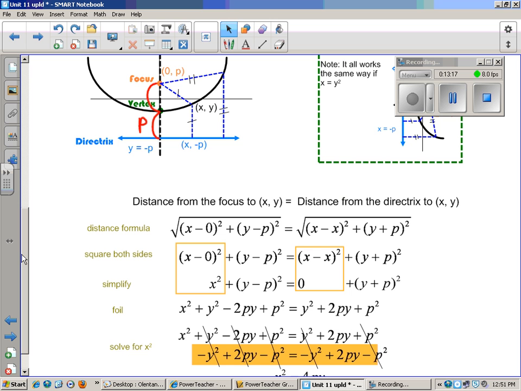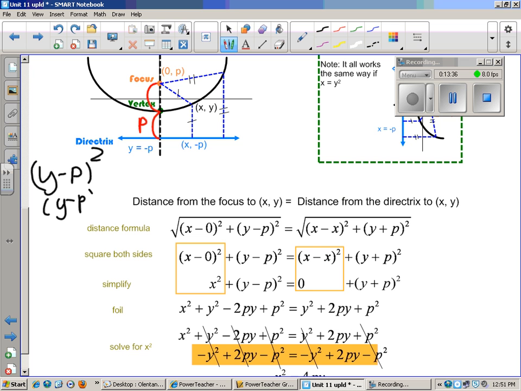Okay, then they took the y minus p and the y plus p, and they FOILed it, because remember, we did this when we were doing perfect squares. Y minus p squared is the same as y minus p times y minus p, right? Isn't that what squared means? Take that times itself.